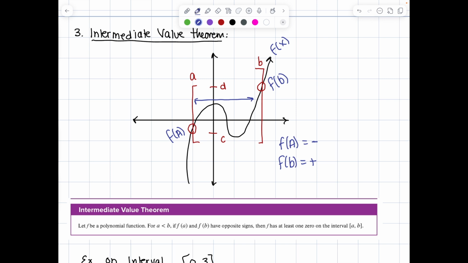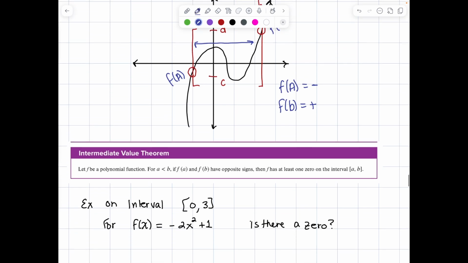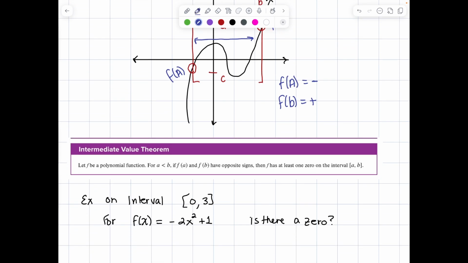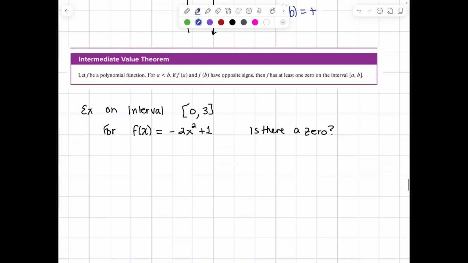You start splitting those intervals in half, depending on where it is, and you get the zero into such a small interval that, what we say is, it converges. And so that's the idea behind using this intermediate value theorem in practical applications. So here's the general, this is the actual theorem for the intermediate value theorem. And so that's just the formal definition.